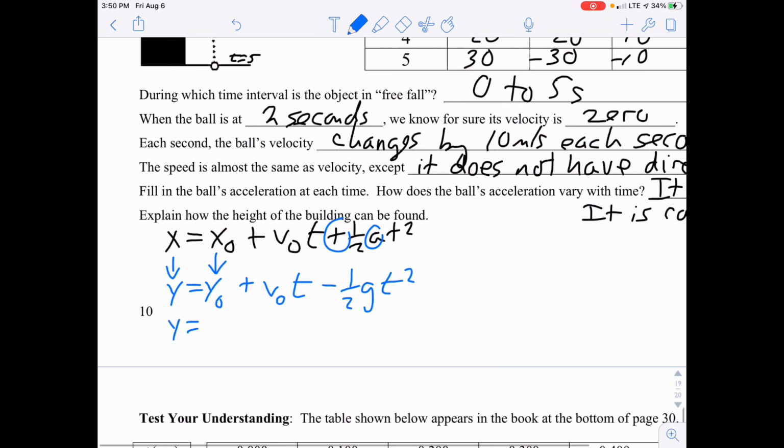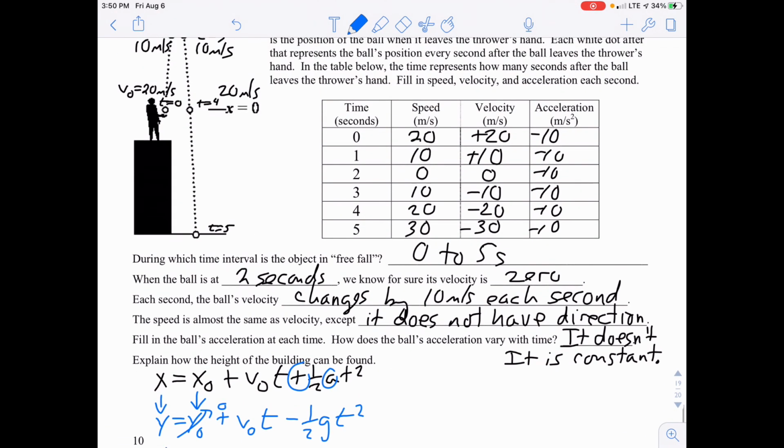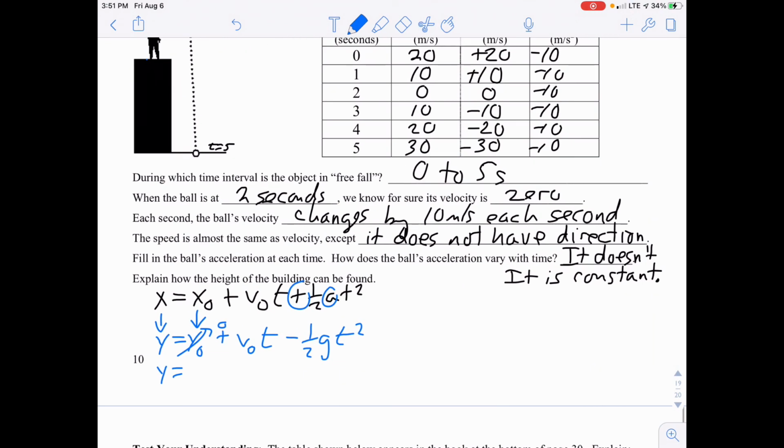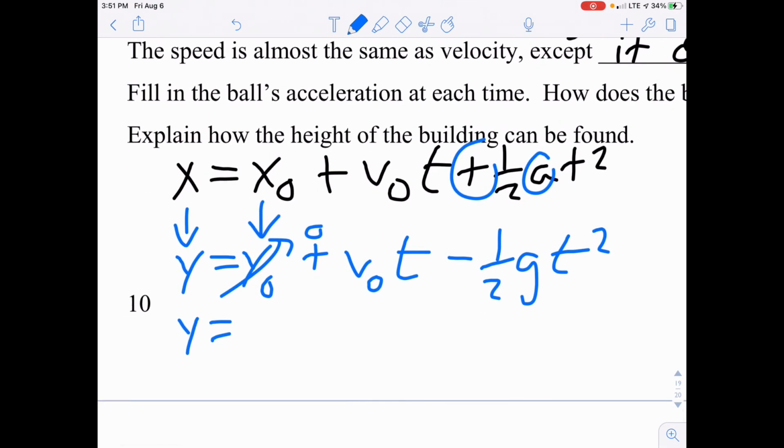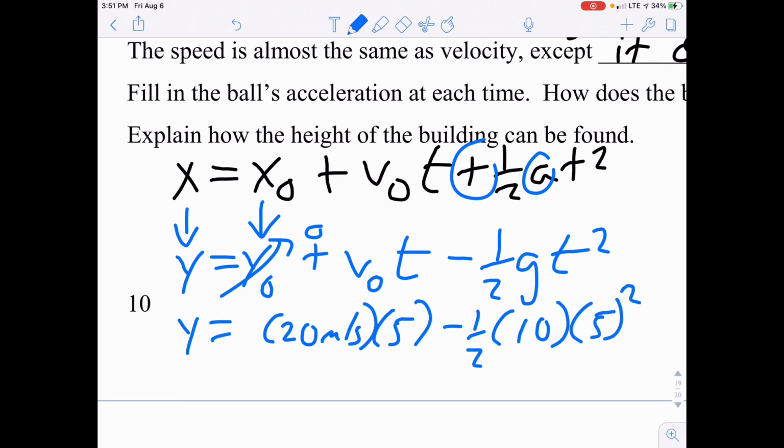y would equal my initial height of 0, because I'm starting at 0 right here. And I'm ending a certain level below where I started. The ball drops farther than it started. So my initial velocity will be 20 meters per second times the 5 seconds we were moving, minus 1/2 of 10 times 5 seconds squared.